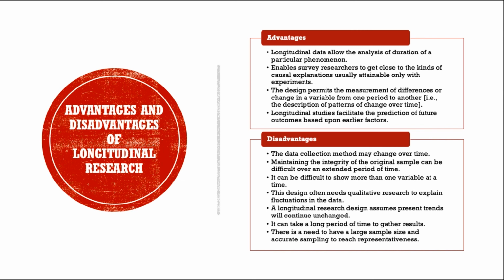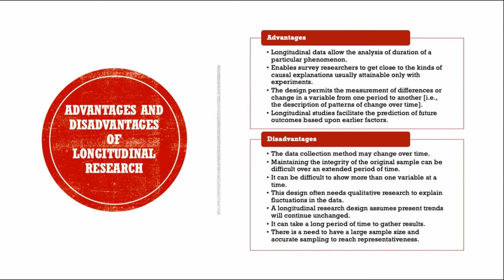But it also has so many disadvantages. The data collection method may change over time, and this is one of the problems. Sometimes you cannot find those participants in the first round, then you cannot find them in the second round, or maybe in the third round. Maintaining the integrity of the original sample can be difficult over an extended period of time.